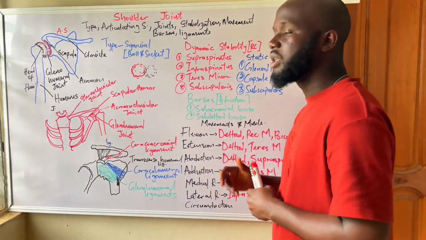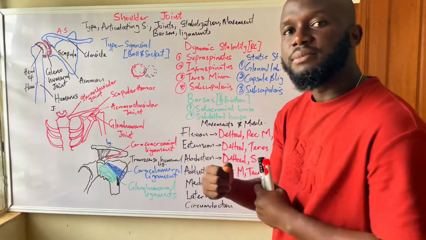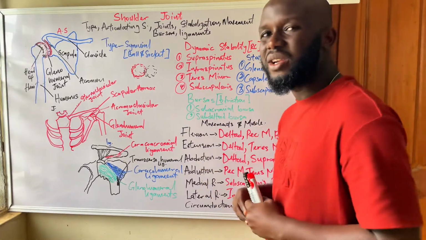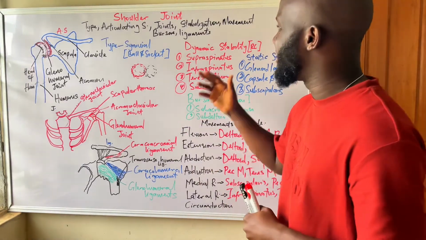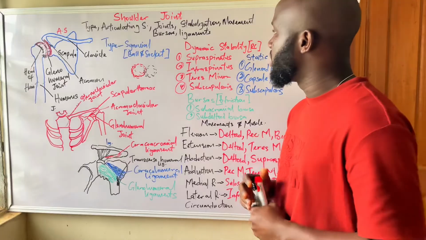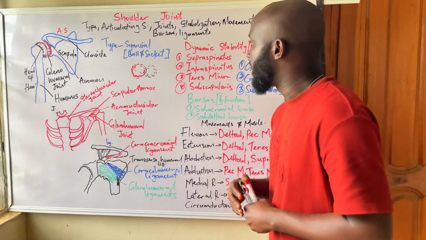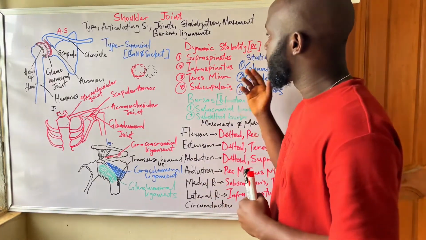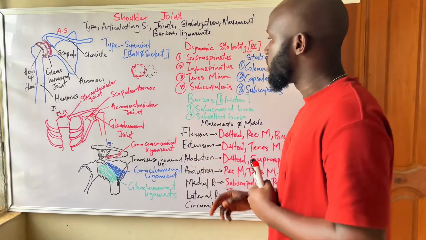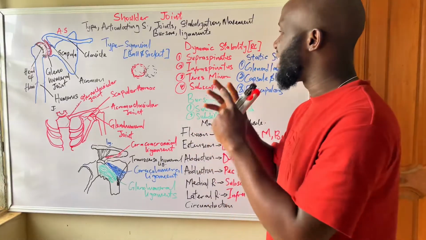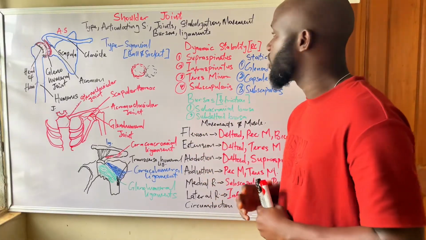By dynamic, we mean when the joint is in motion, and by static, we mean when it is at rest. We have muscles that ensure dynamic stability, called the rotator cuff muscles: the supraspinatus, the infraspinatus, the teres minor, and the subscapularis. This group of muscles ensures the dynamic stability of the shoulder joint.